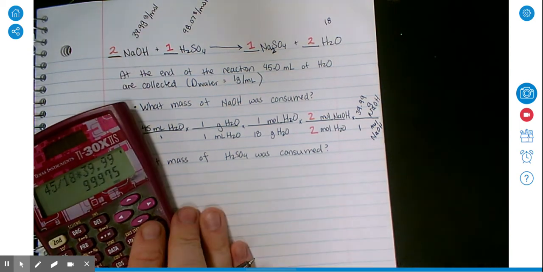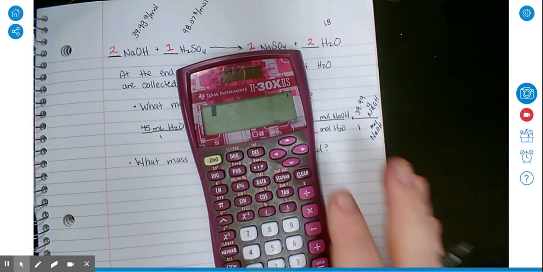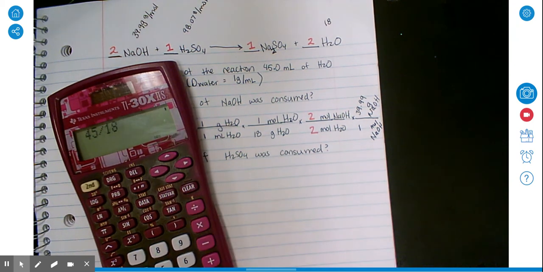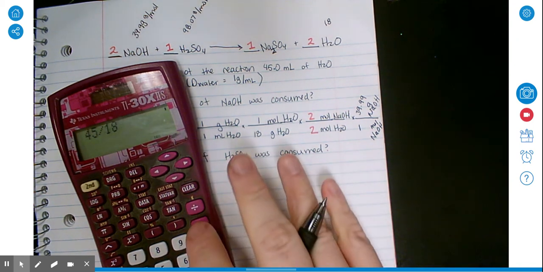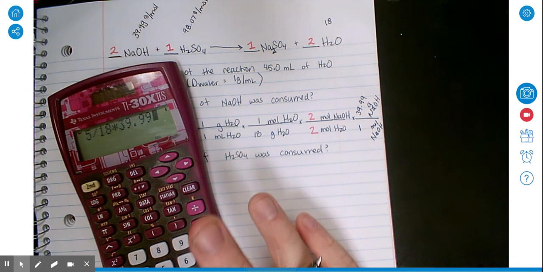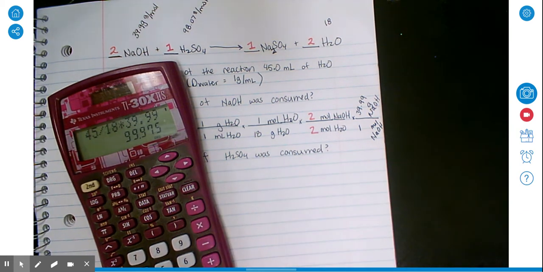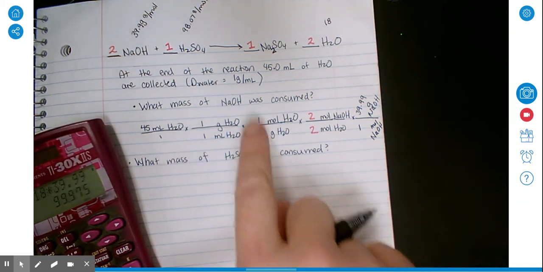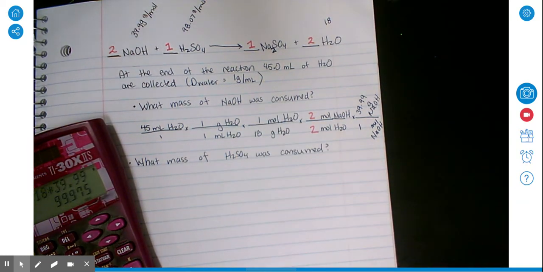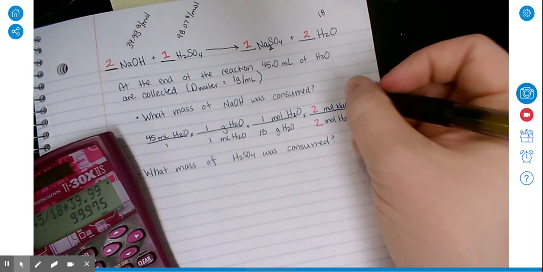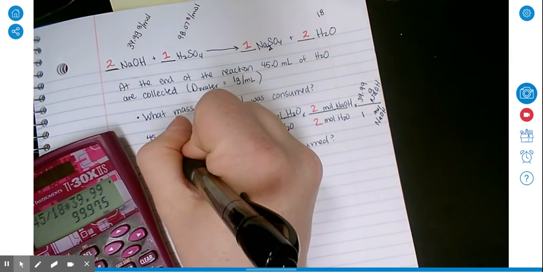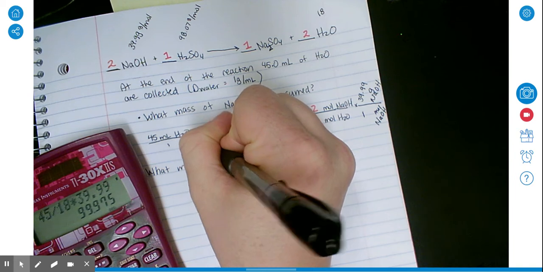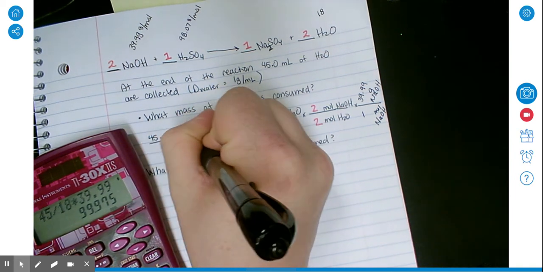Let me double check that one. So 45 divided by 18 times 39.99. Yep, I produced 99.98 grams of NaOH. I'm rounding to 3 sig figs. So that's actually, I'm going to put over here, 100 grams of NaOH produced.